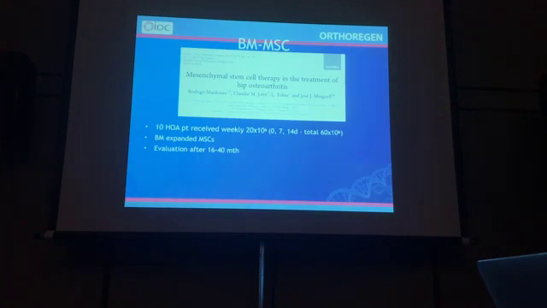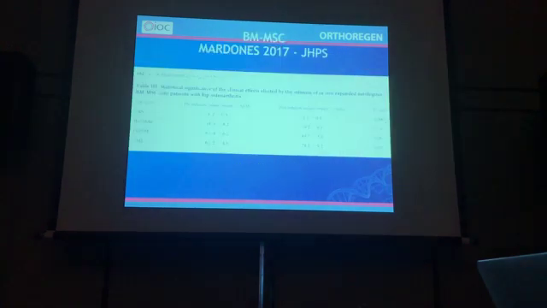Through their procedure, they have implanted for 3 sequential weeks this load of cells, and they have evaluated their patients on average 16 to 40 months later, and you see that the major scores like VAS or modified Harris Hip Score or Vail had a very good improvement, but those were only 10 patients, and I will remind you that those were expanded cells.